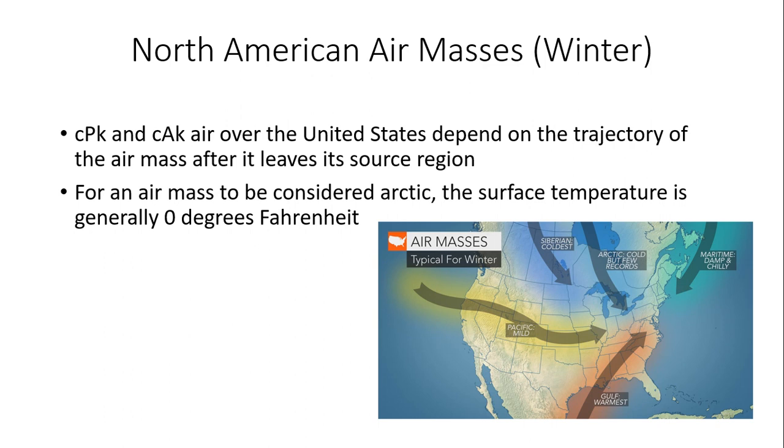Now, for an air mass to be considered Arctic, the surface temperature is generally 0 degrees Fahrenheit or colder. This is the surface temperature; this doesn't even include the wind chills. And if you look at the graph on the bottom right, this map of the United States, it shows the various types of air masses we see in wintertime.